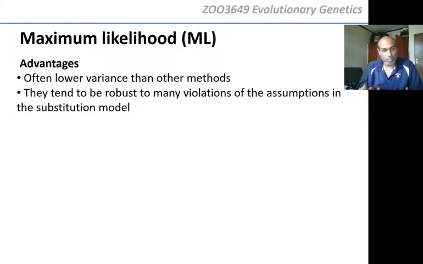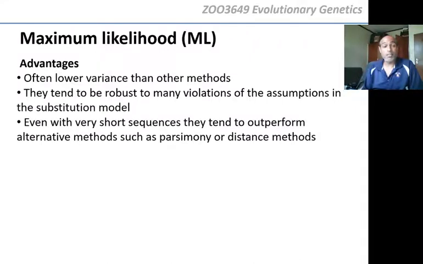Maximum likelihood will find the same tree. There's no long branch attraction like there is in neighbor joining. So likelihood almost always finds the best tree, even with a short piece of DNA sequence. Maximum likelihood will do much better than parsimony and definitely better than distance. It will find the right tree.